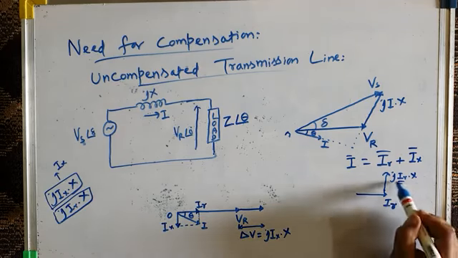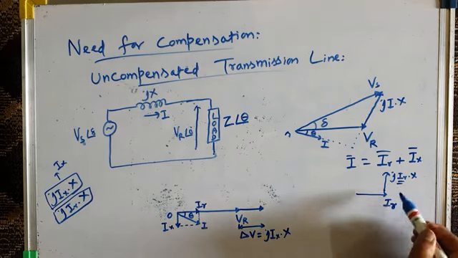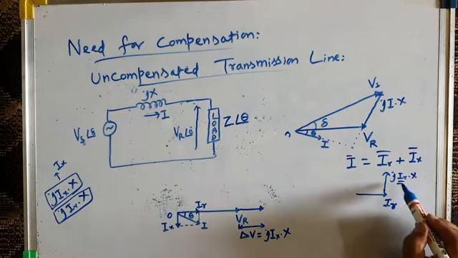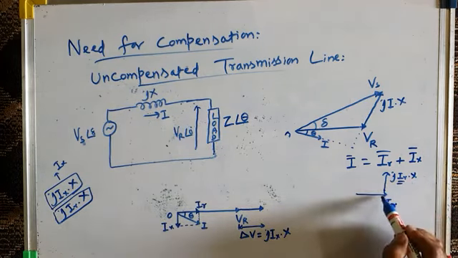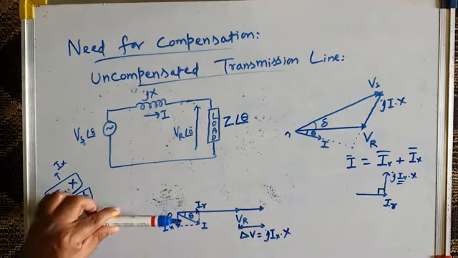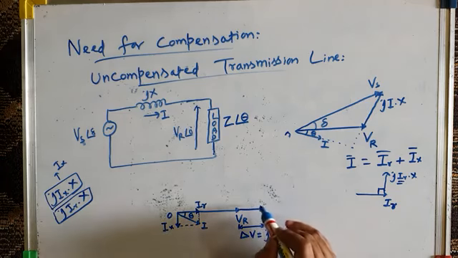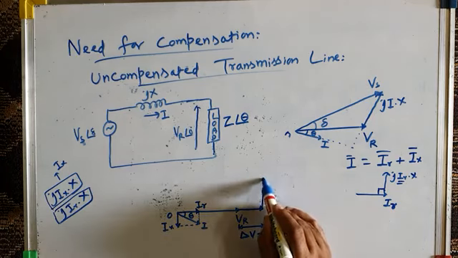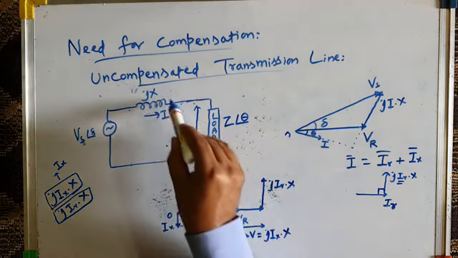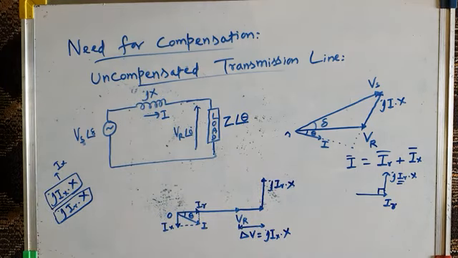What is the current which causes this voltage drop? It is IR. And this IR causes a voltage drop across this transmission line reactance, which is given by JIR into X. So it is at 90 degrees with respect to IR. And therefore, where is your IR? This is IR. So if this is IR, then this will be JIR into X. This will be the reactive voltage drop due to the in-phase component of current.